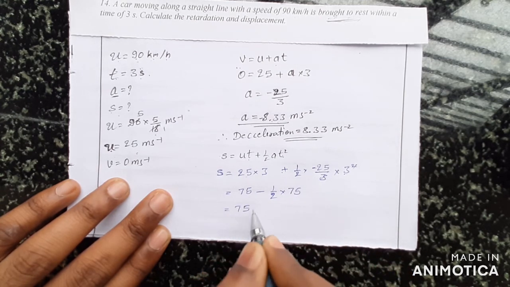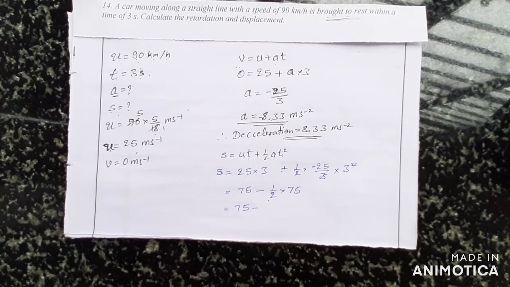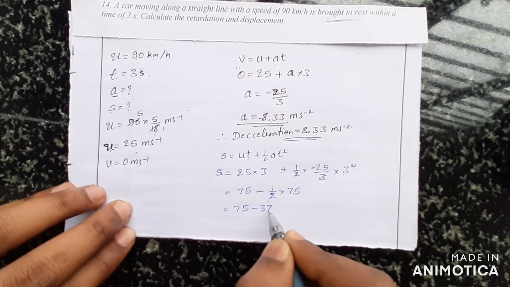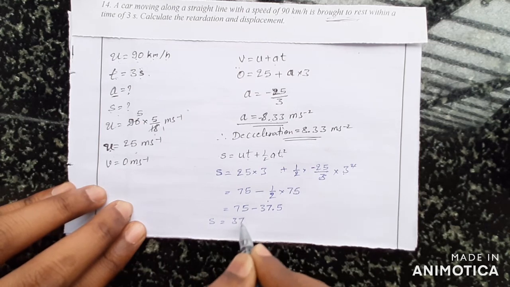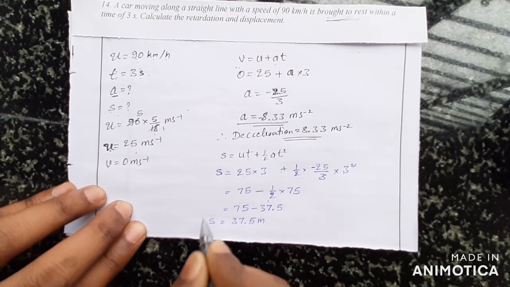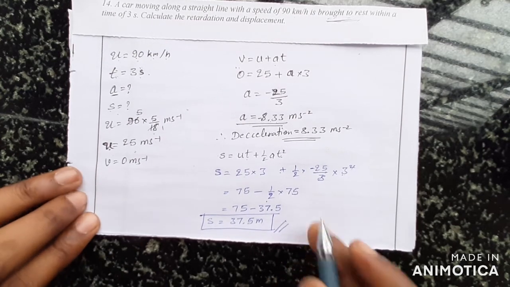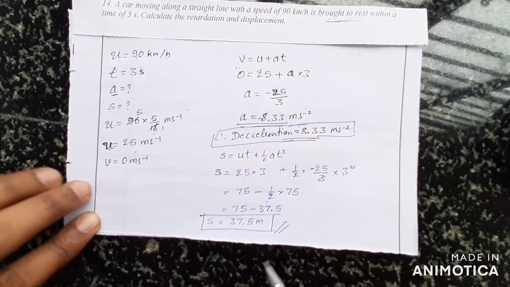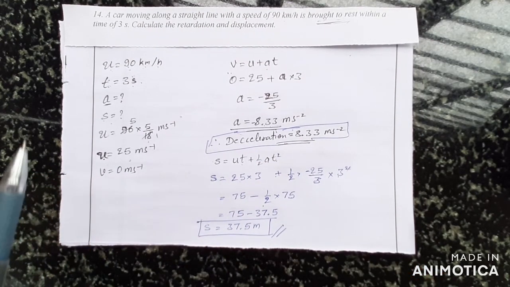So 75 minus 75 by 2. 75 by 2 is going to be 37.5. So the difference of them is again 37.5 meter. So this is the displacement of the car, and this is the deceleration of the car. These are the answers which they asked for in the 14th question.